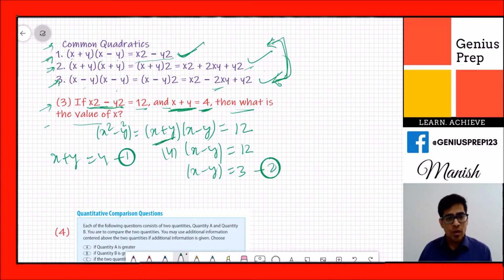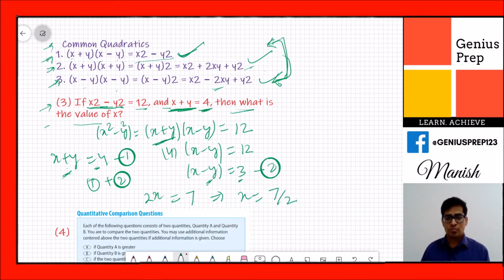So we add equation 1 plus 2. When you add these, we get 2x. Here we have plus y and here we have minus y, so they cancel out, and it is equal to 4 plus 3, which is 7. Then the value of x is 7 by 2.